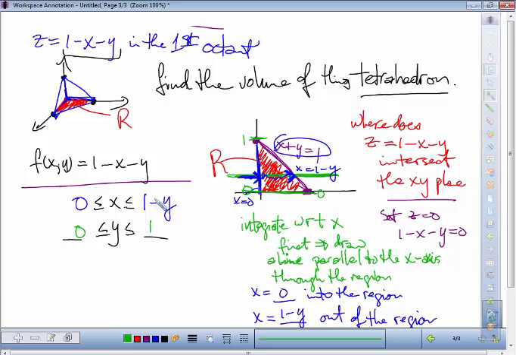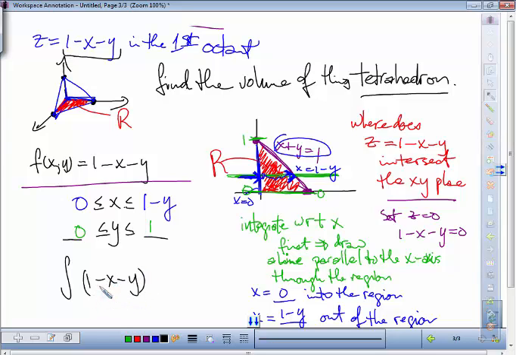That's it. The only thing left to do is set up the integral and then put it into some computer or calculator to solve it. So our inner integral is the function z, or f of x, y, equal to 1 minus x minus y.